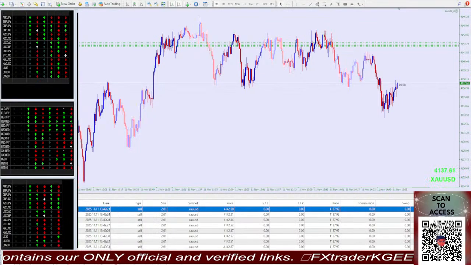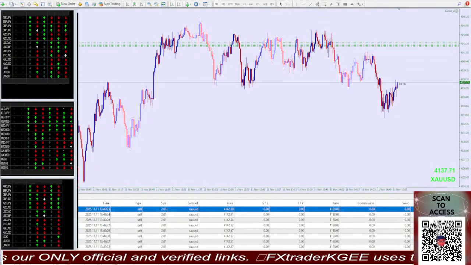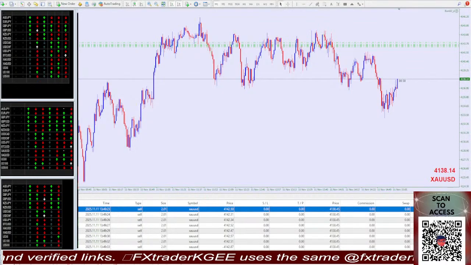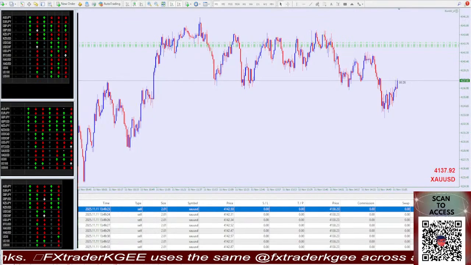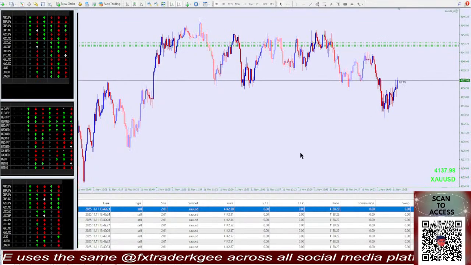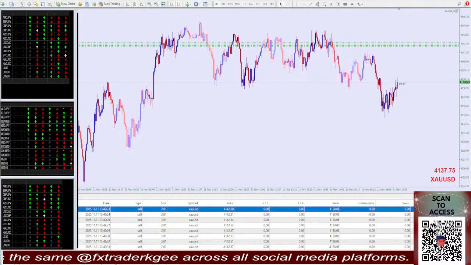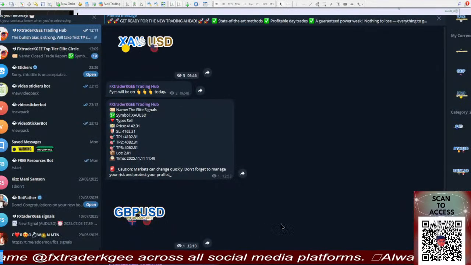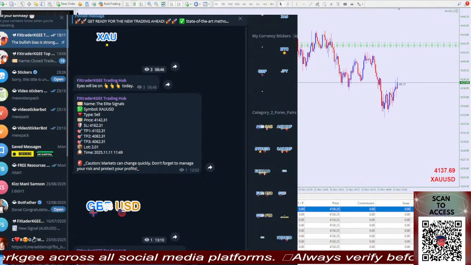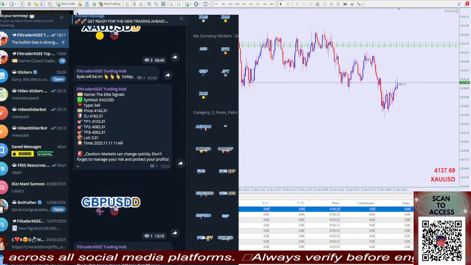Okay, and I just wish or hope there will be something that will push the market upward, and we can just have maybe 50-100 pips on GBP USD today. All right, so far so good. I just wanted to show us what we've been doing, and how far we have come today.